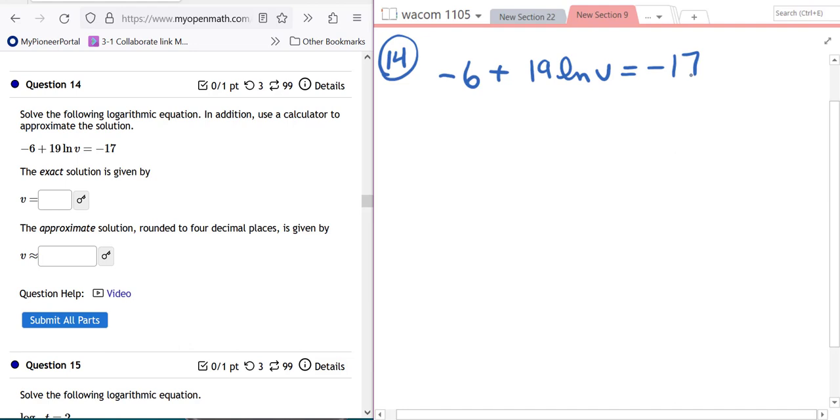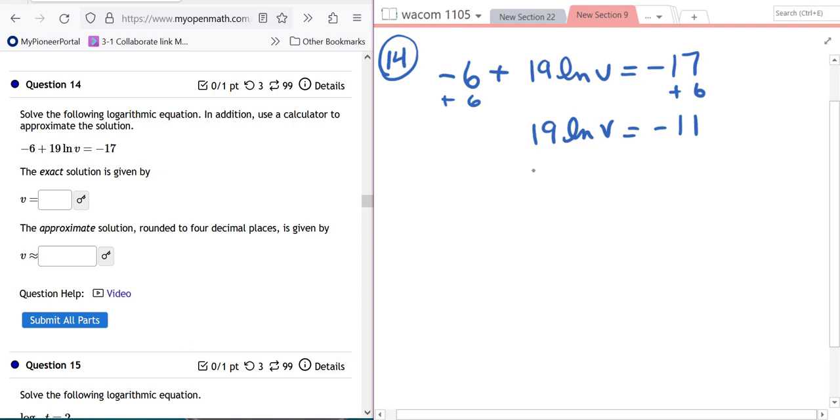All right, first job is you have to isolate the logarithm. So you're going to take off anything added or subtracted. So you're going to add a 6. So that gives us 19 ln of v equals negative 11.